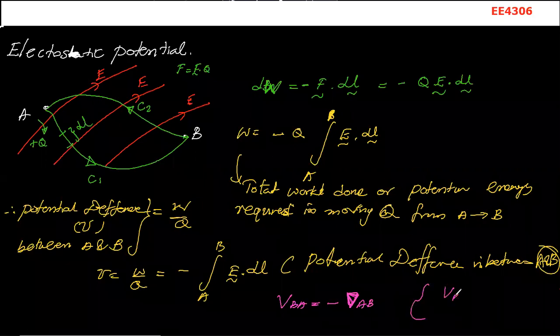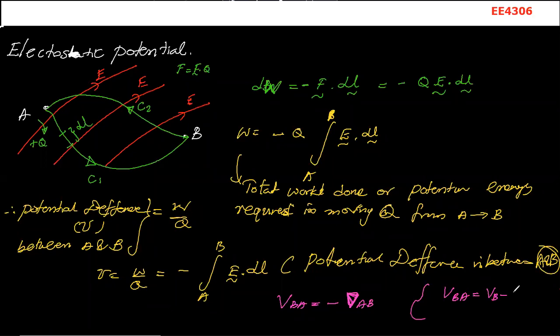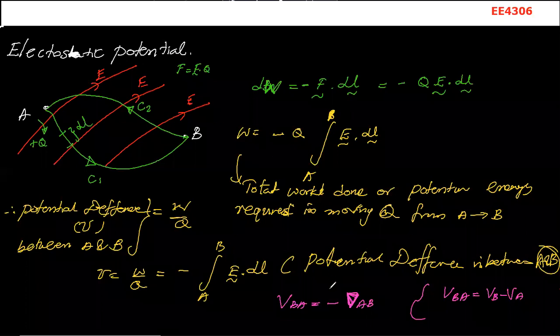This VBA will represent VB minus VA, or we refer to this as the potential at point B with respect to point A. Therefore, this VBA we can write as minus VAB. That relationship you have to memorize. So please write down this one.